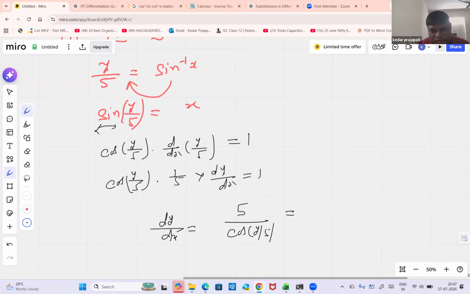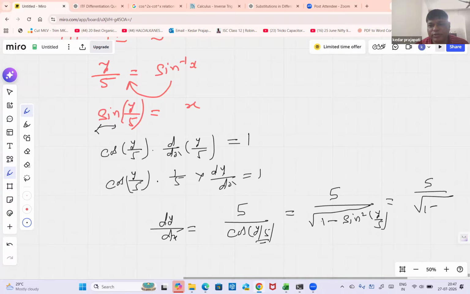What will we do? This is an angle, no? We can easily write cos as root of 1 minus sin square y by 5, and sin y by 5 is x. So this became 5 into root of 1 minus x square, 5 by root of 1 minus x square. Are the answers coming, or are you getting confused?